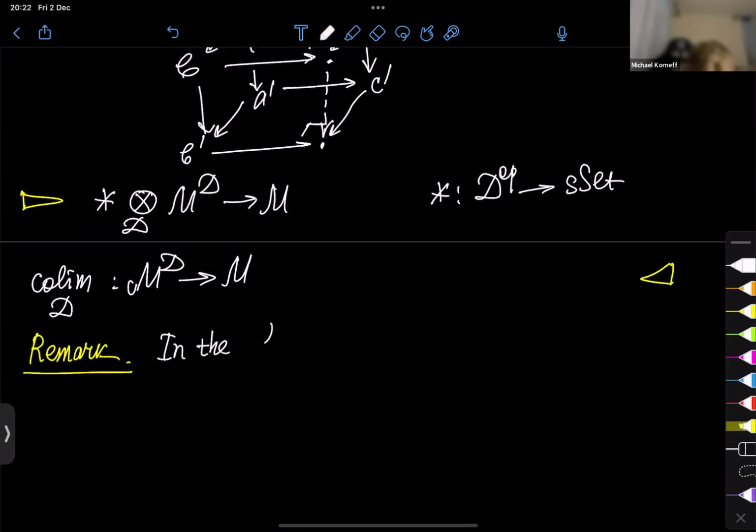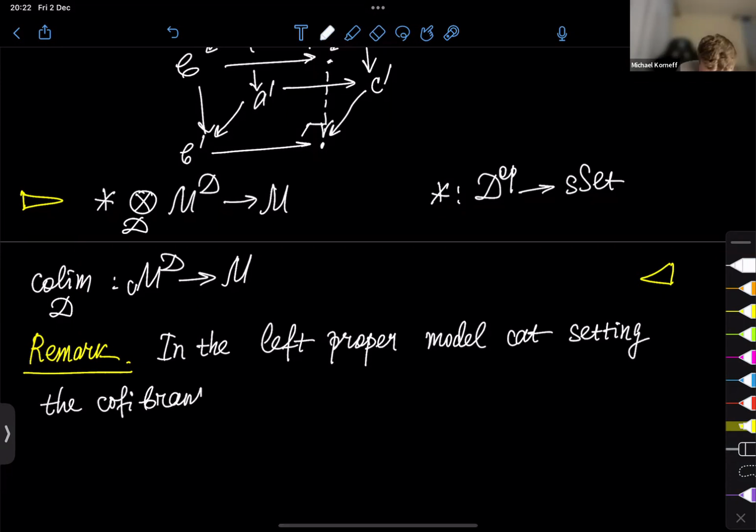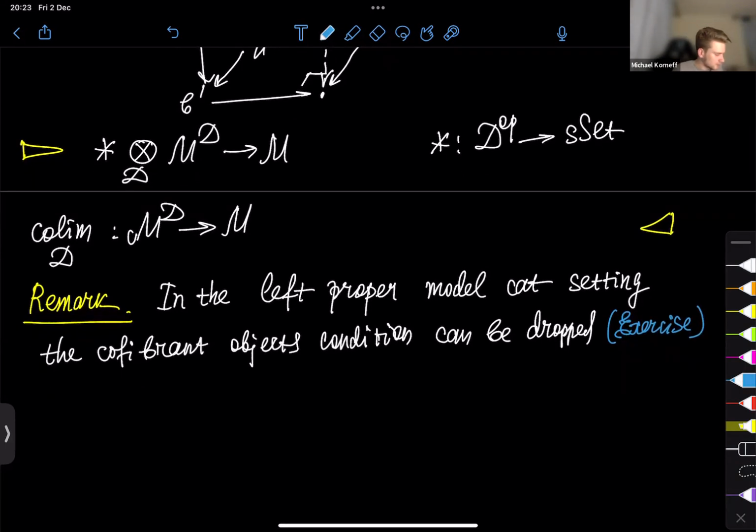In the left proper model category setting, the cofibrant objects condition can be dropped. This is an exercise. It's quite easy.